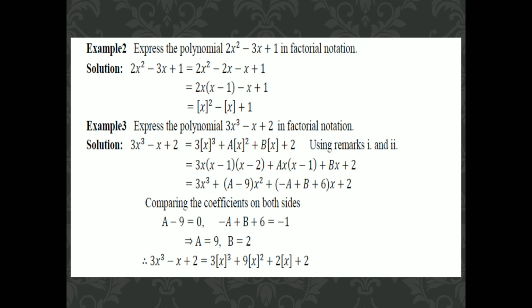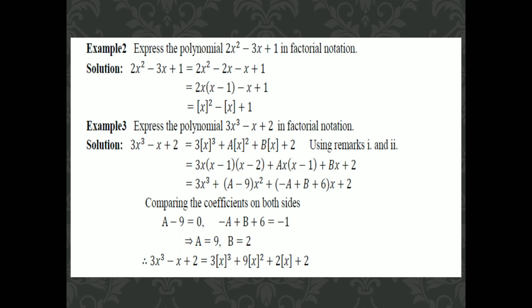Now take some examples. Here we have to express the polynomial 2x square minus 3x plus 1 in factorial notation. First of all, 2x square minus 3x plus 1 can be written as 2x square minus 2x minus x plus 1.